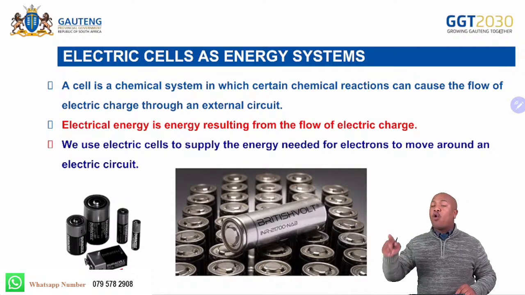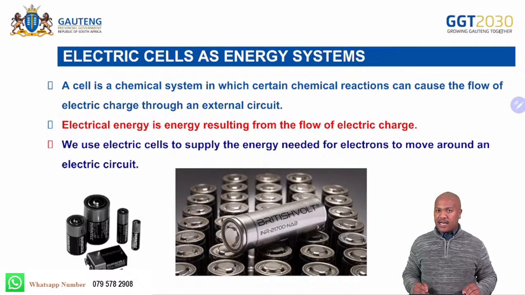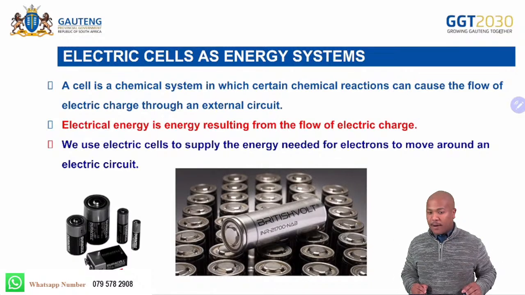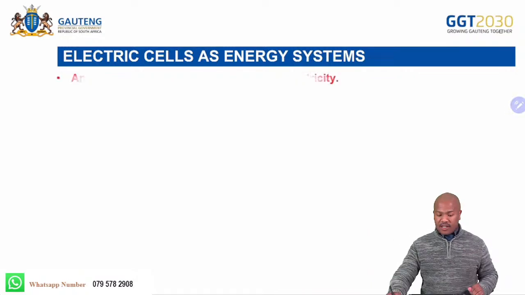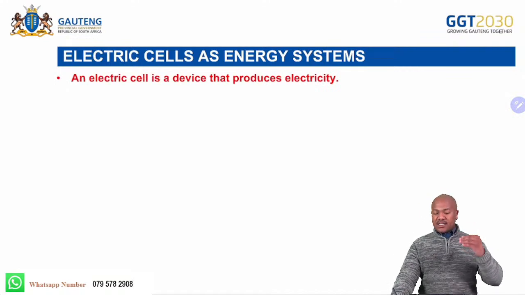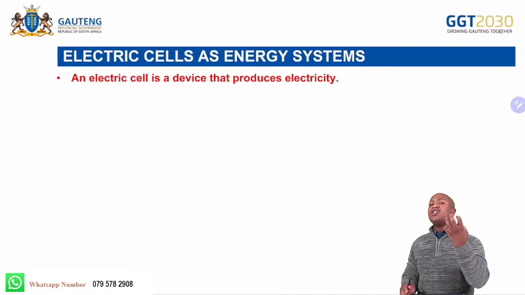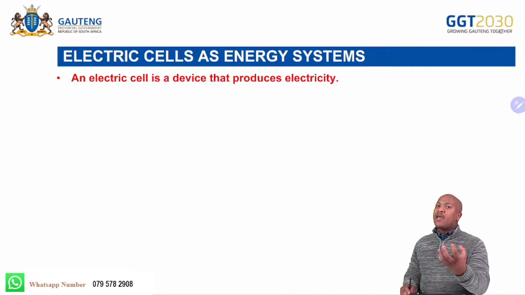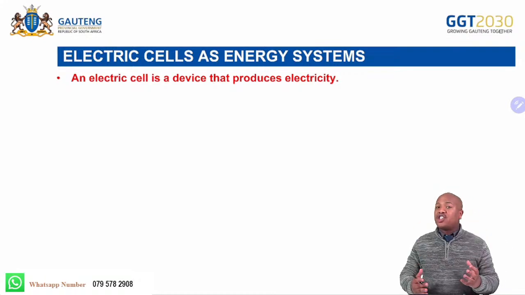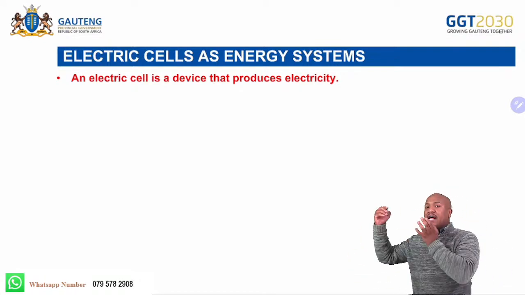Electricity, or a flow of charge. So they are our source of power. We also said that an electric cell is a device that produces electricity, right? It is the main source of power in a circuit. It converts chemical energy into electrical energy.